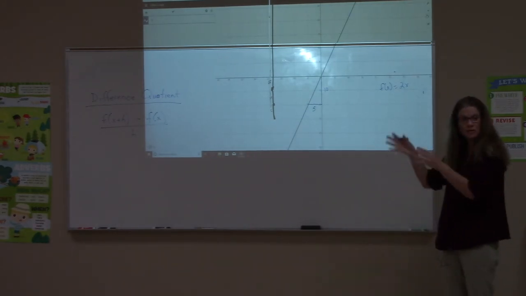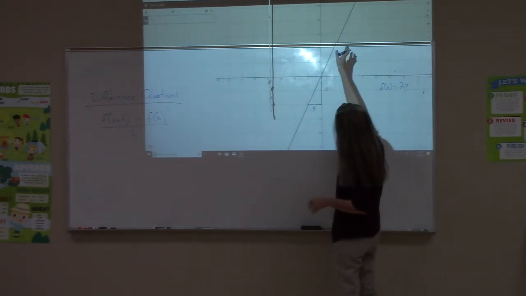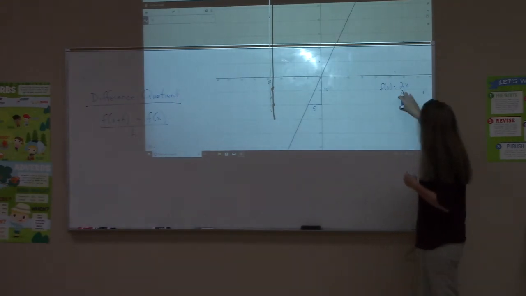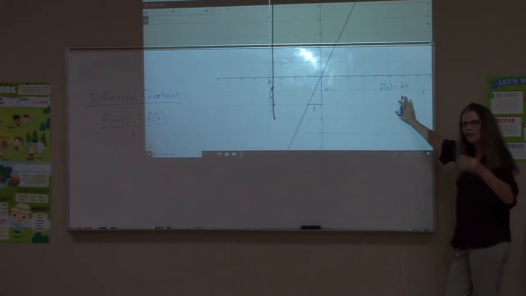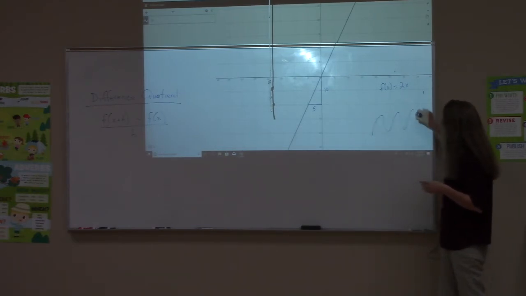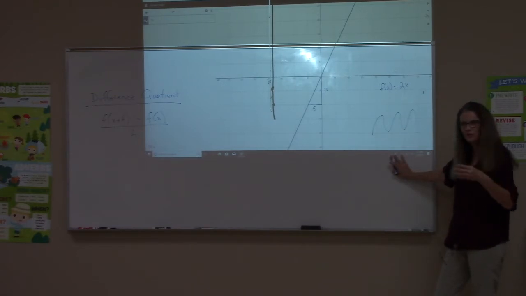And it's a positive slope because it's increasing. We're rising with everything, so it's an increasing slope, so that's why it's positive. Well, what the difference quotient does is it allows us to get to the point where we can find the slope of any function, anywhere. I could even have a function that looks like that. I can find the slope of it using the difference quotient.